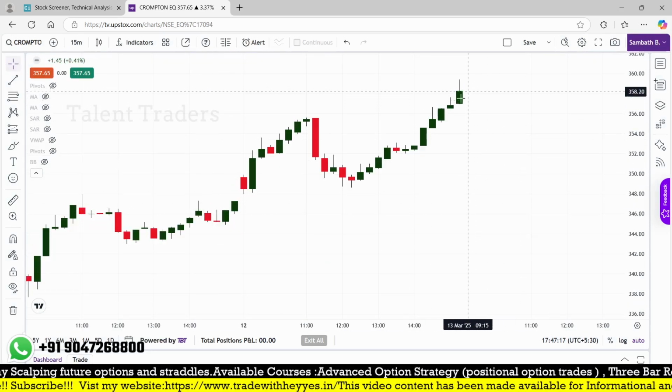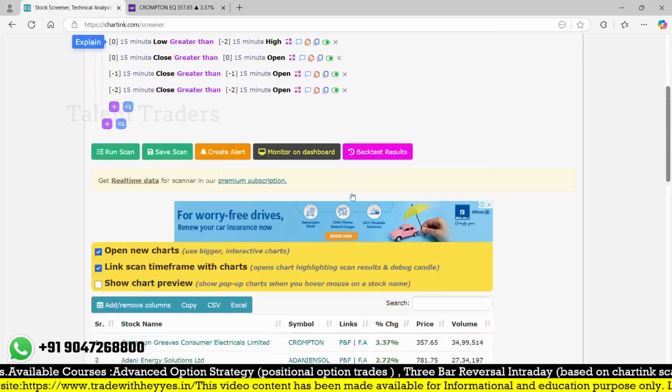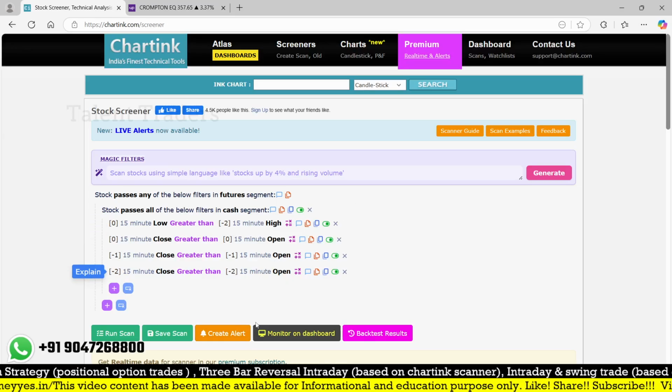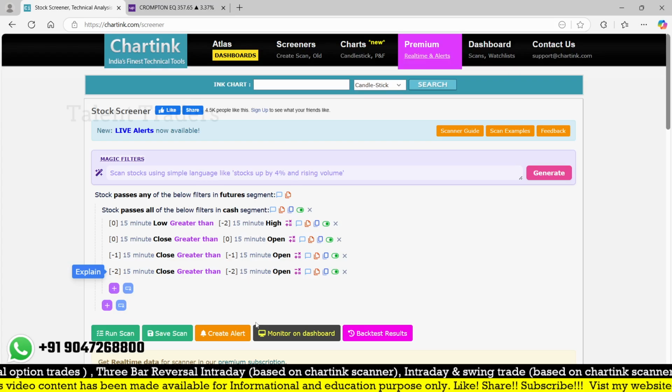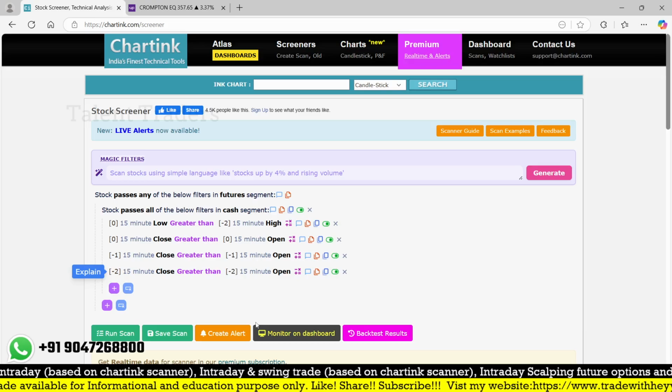Yes, they keep on rising, so there is a gap. Instead of finding all those stocks, we should add one more condition, which helps you filter so that the gap is at least some percentage.